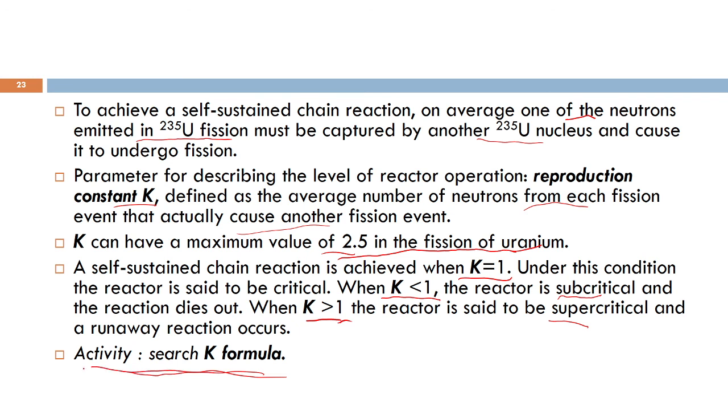The formulation of K according to nuclear reactor theory is not a simple formula, it's a complex formula. If you are interested in the reproduction constant K, you can do some search.